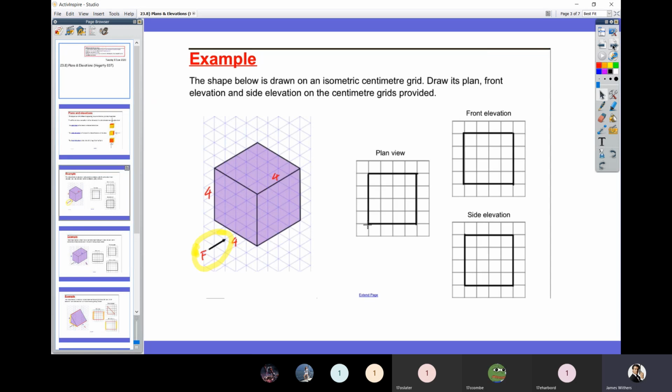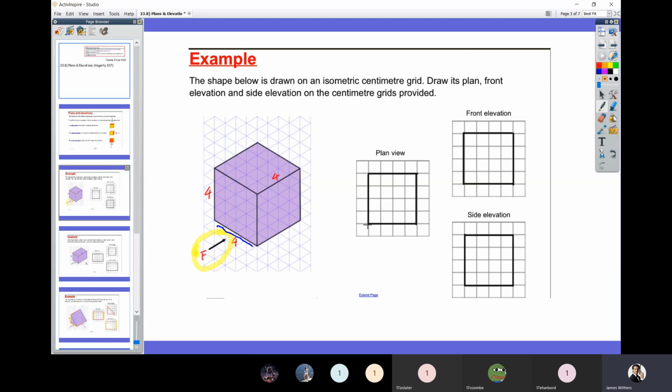So what we use to represent the three-dimensional buildings as a starting point, they get drawn on what's called isometric paper. Okay, so we're just going to assume that each of these squares on this isometric paper is 1 centimeter. So it takes a bit of getting used to. Some of you might find this easier than others. You've got to appreciate that dimension there, if you're looking from the front, that is 1, 2, 3, 4 squares wide.